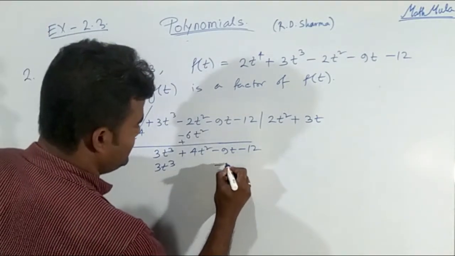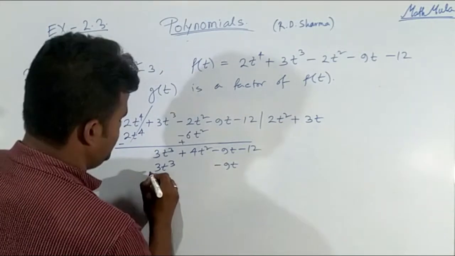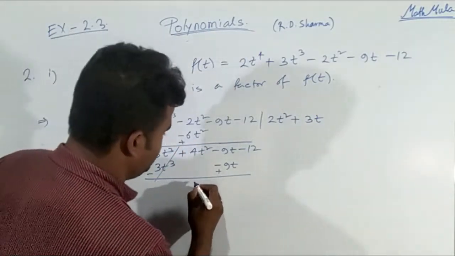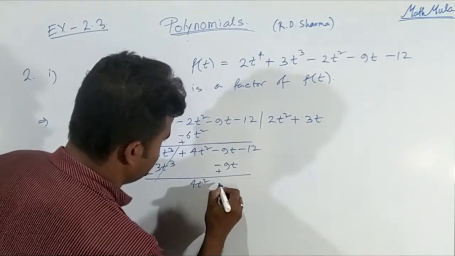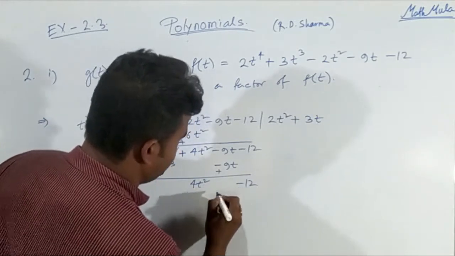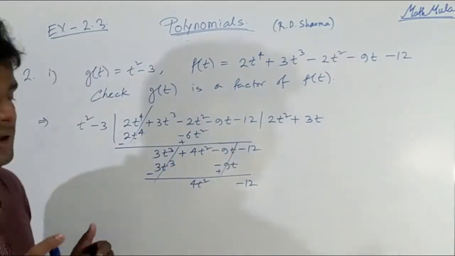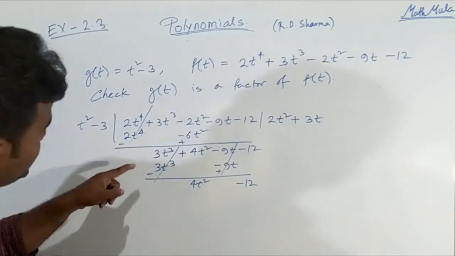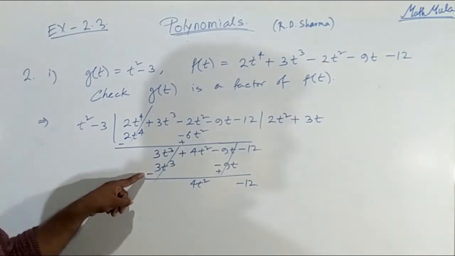Now we write this down below the 9t. Now subtract it. It will be cancelled and the remainder will be 4t square minus 12. Now look, where the sign is minus, we put plus below the sign, and where the sign is plus, we put minus below the sign.